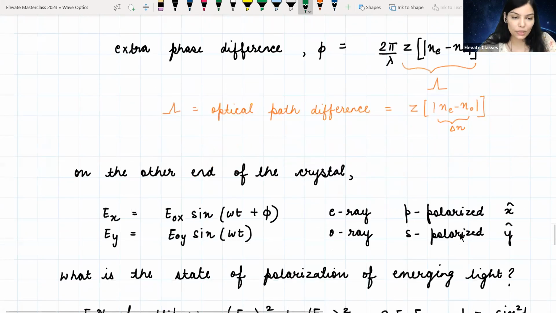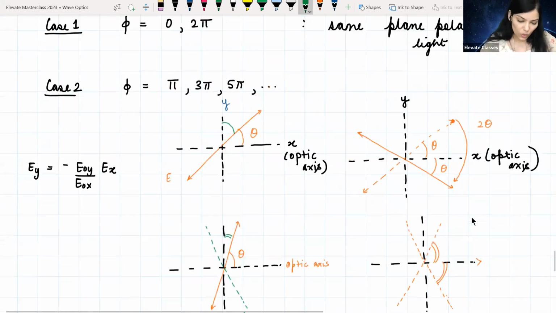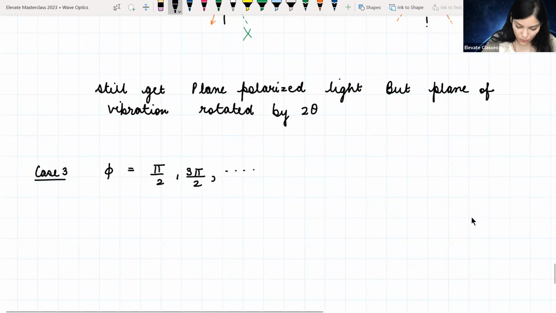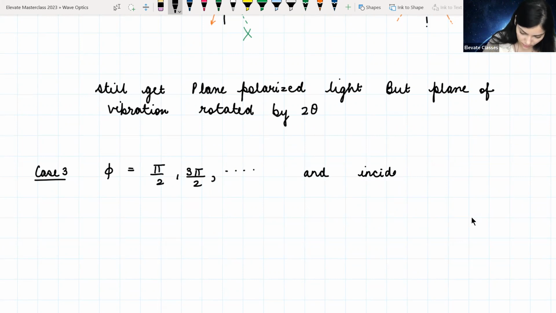So in case number 3, if this is equal to pi by 2, 3 pi by 2, and incident theta is equal to 45 degrees, that is, plane polarized light is falling, making an angle of theta with respect to the optic axis, in that case I will get a circularly polarized light outside on the other end of the crystal.